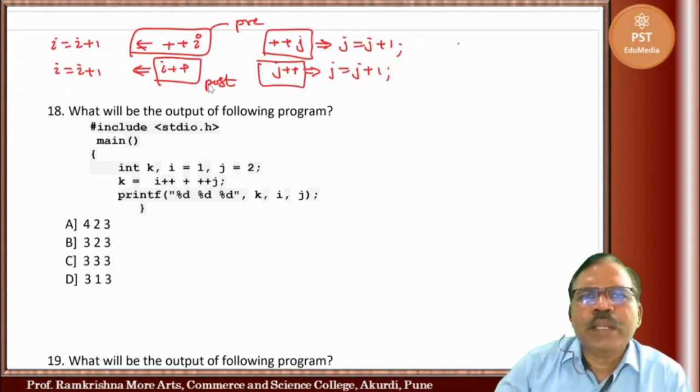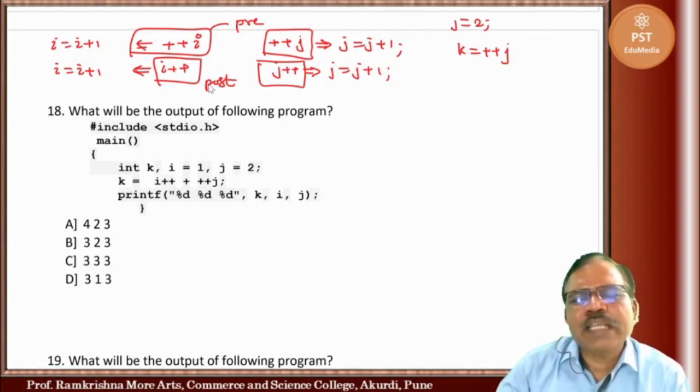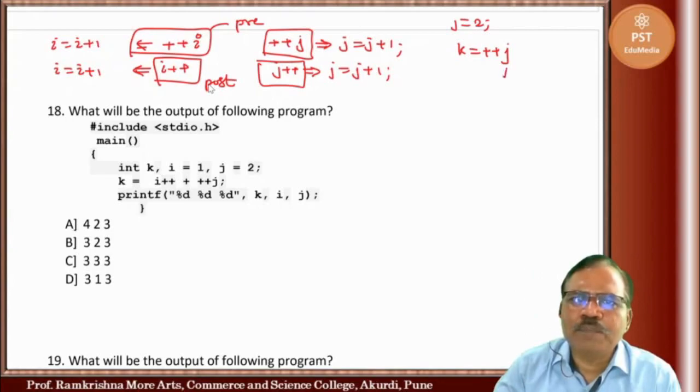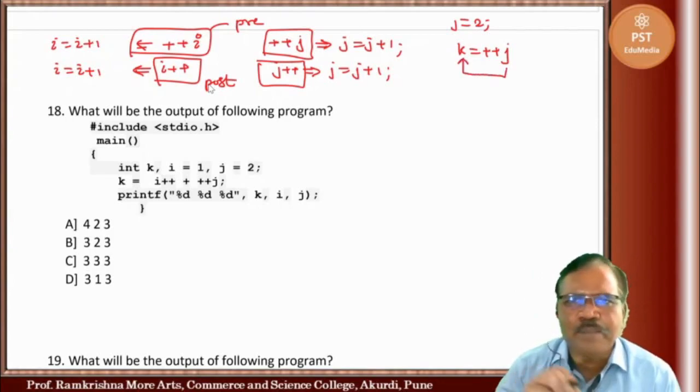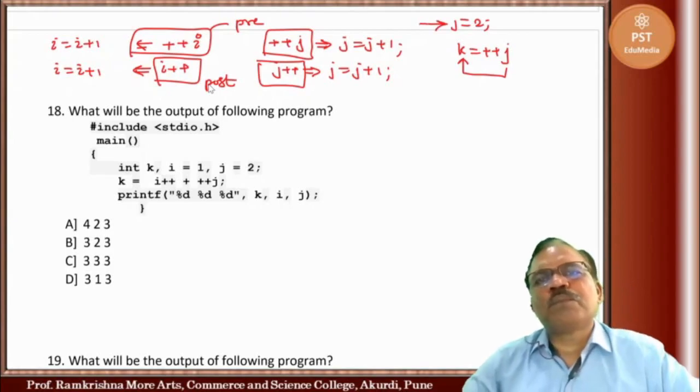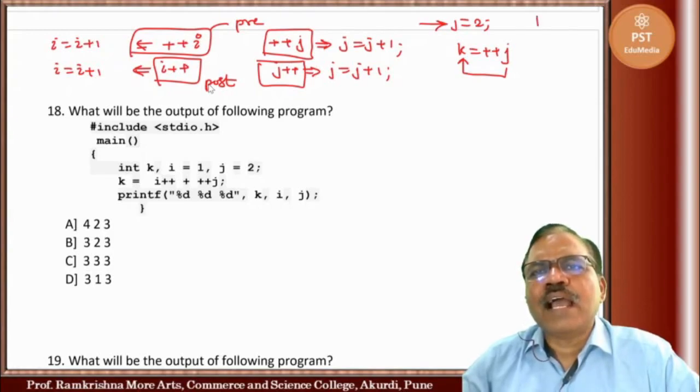Suppose we take k is equal to ++j and j equal to, suppose, 2. So j is 2. Then we have the expression k is equal to ++j, meaning the value of j is given to k. But here it is ++j. If program control is here, at the memory location of j the value is 2.